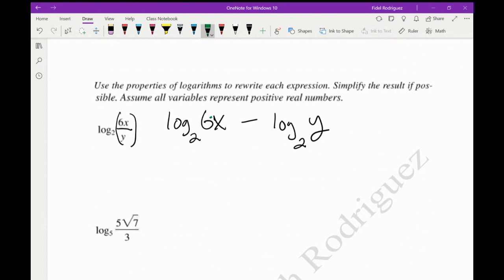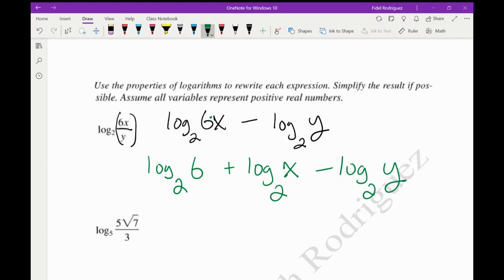So if I'm multiplying, remember when we're multiplying, that means we're going to add our exponents. So I'm going to rewrite this as the log base 2 of 6 plus the log base 2 of x minus the log base 2 of y. Okay. And then I would stop at that point right there.